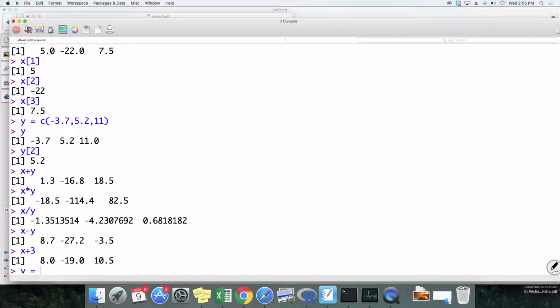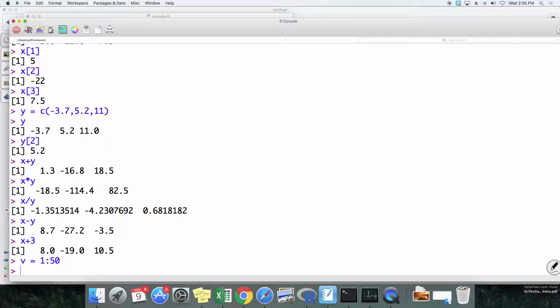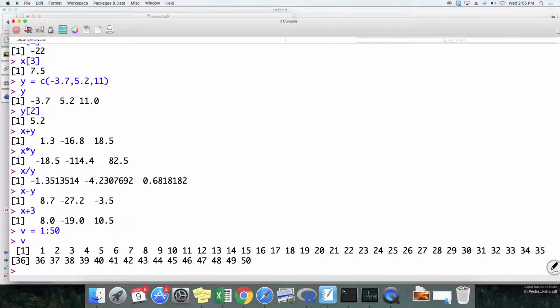Ordinarily you are thinking I have to write c, then bracket open, 1, 2, 3, and keep on writing. No, that's a lot of waste of time. I'll just write 1 through 50: 1 colon 50. That's it. So now my v is as we expect.